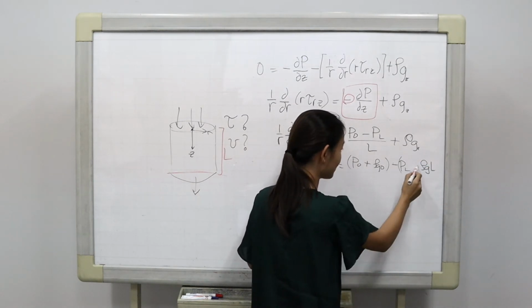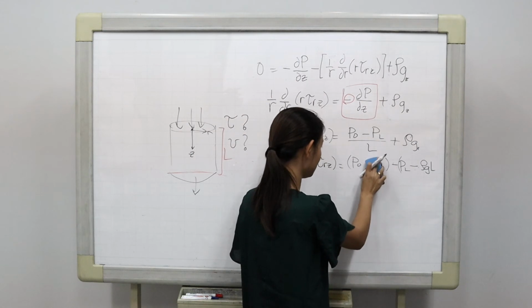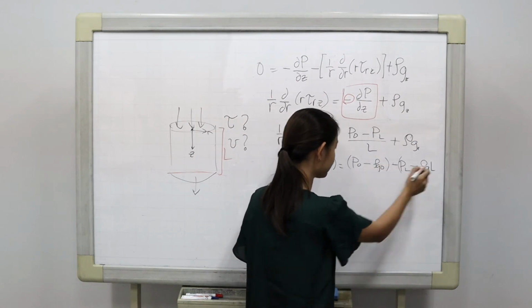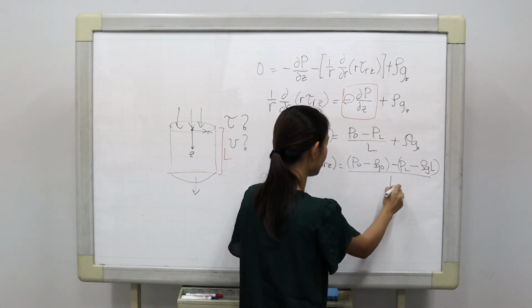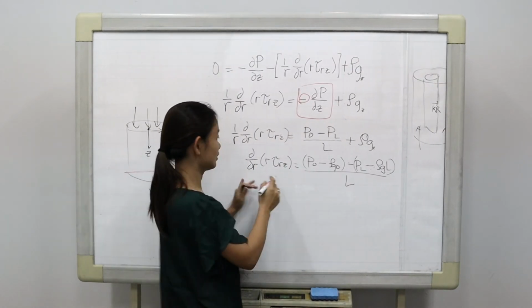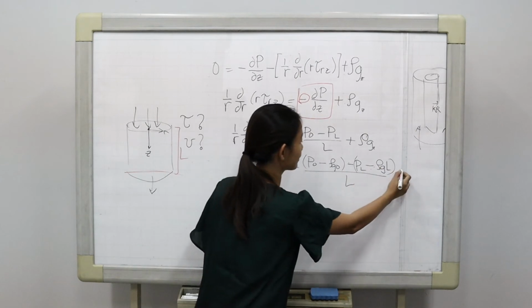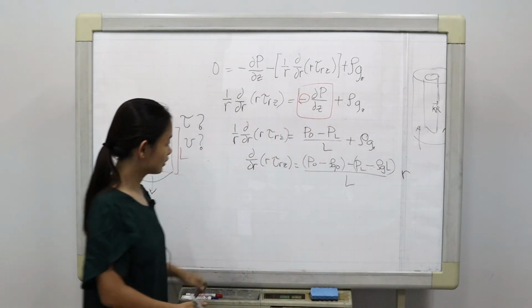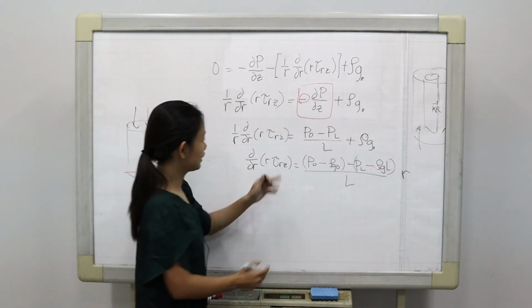It should be minus over L times the R here. Okay, now do one integrations.